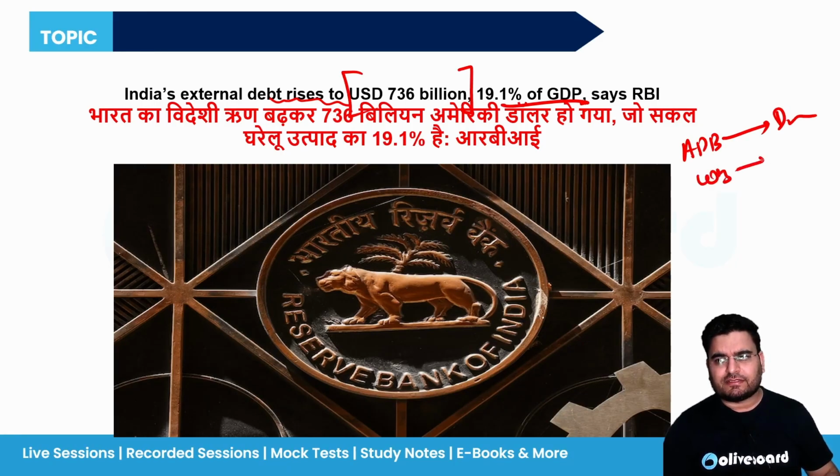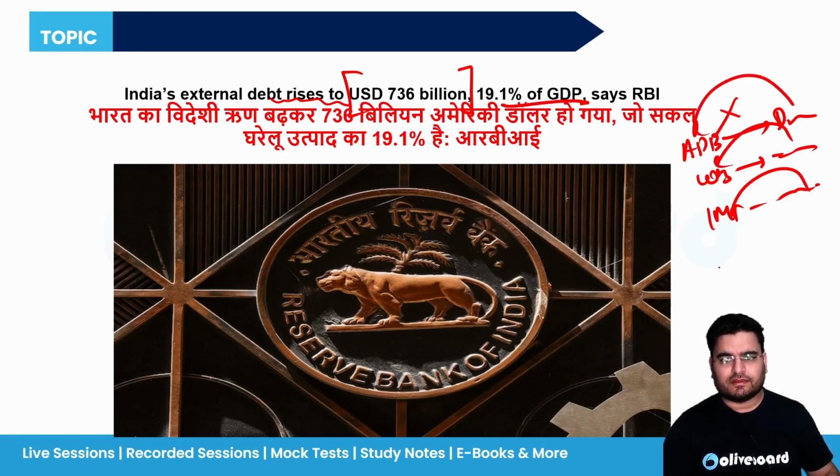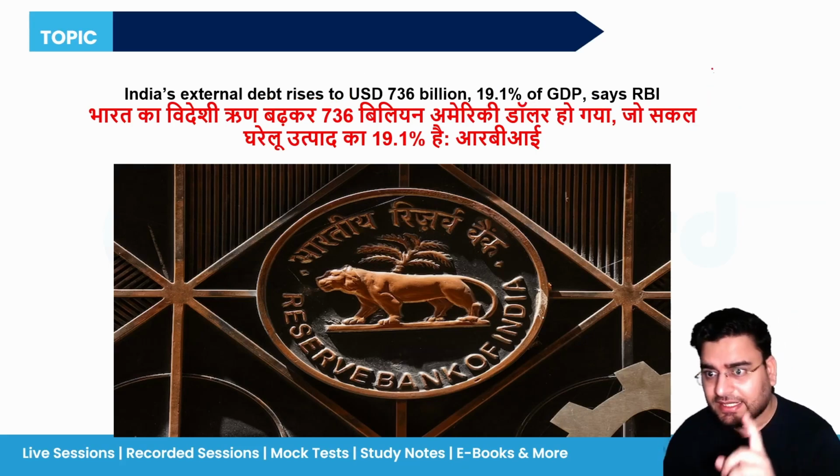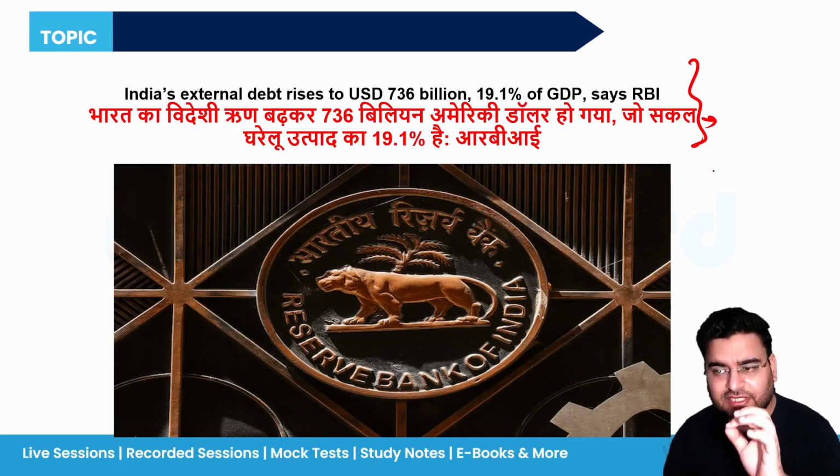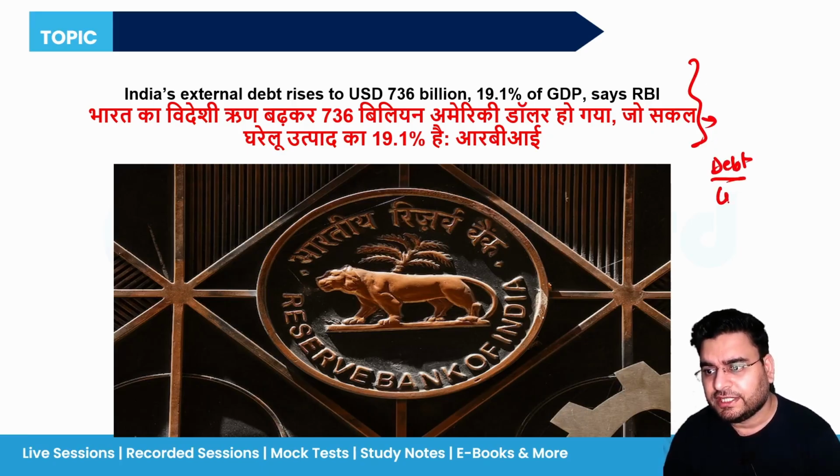World Bank has given this much money to India. IMF has given this much money to India. So is it free money? No, India has to pay interest on that, right? And these are known as what? Our external debt, and you can see it is somewhere around 19.1%. Now, related to this current affair is a static term that is known as what? Debt to GDP ratio.